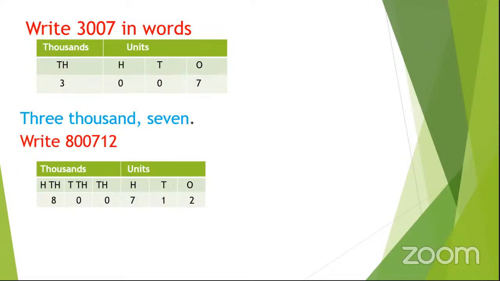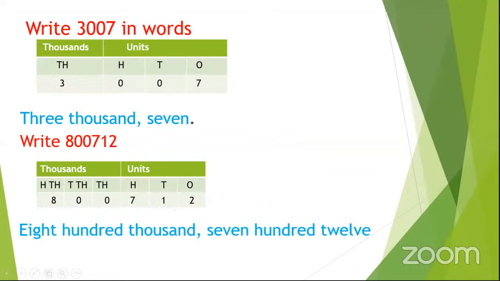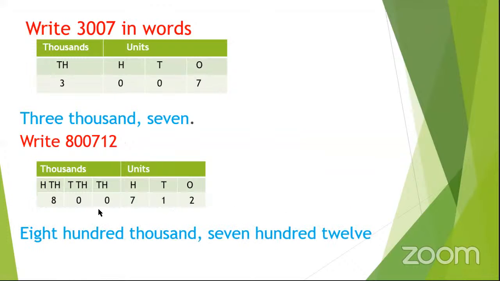And this is how we can write it in words. We say 800,000 because we check all the digits and we see whether we can read the whole of it. You can even remove these digits and write them aside.